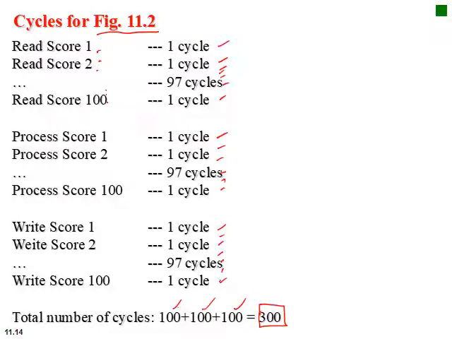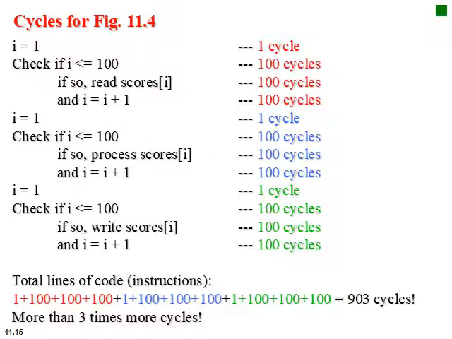We saw, though, that that was a lot of code we had to write. We literally had to write 300 lines of code. But if we look at figure 11.4, which seemed to have fewer lines of code, it doesn't necessarily mean that it has fewer cycles. How is this possible? Well, let's quickly see what's going on here.